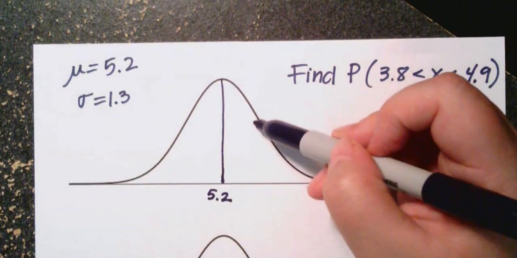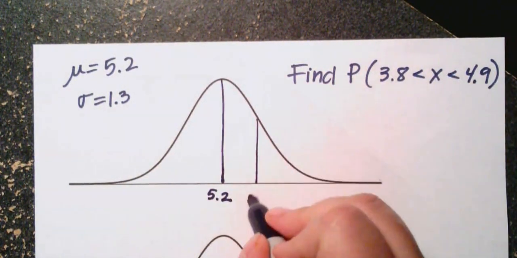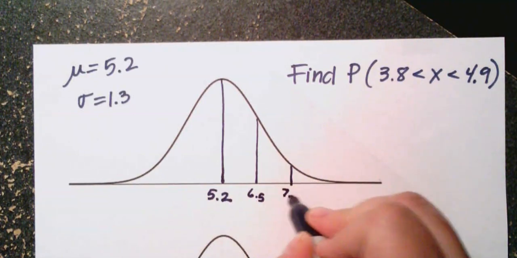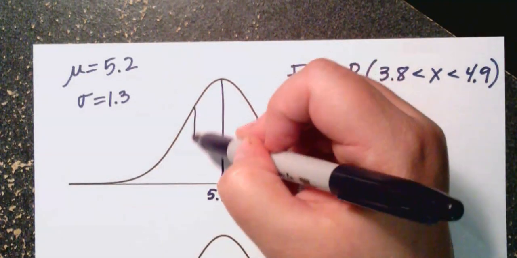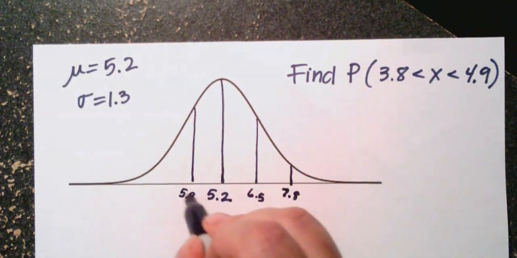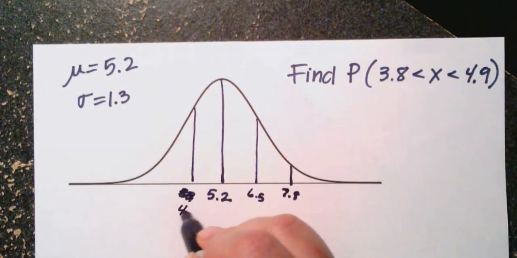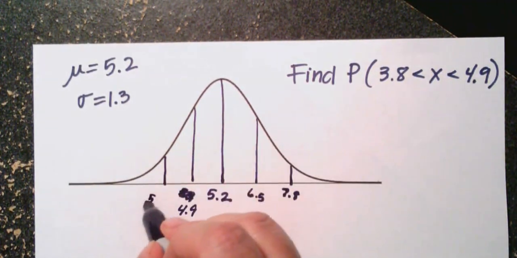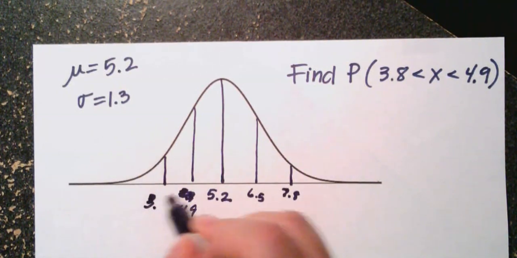Okay, so I'm going to go 1.3 up from there, 1.3 down gets me to 5.9. No, I'm sorry, 4.9. 1.3 down from there gets me to 5. I don't know what's wrong with my numbers here.